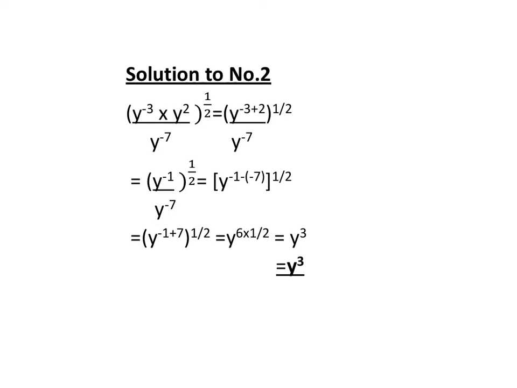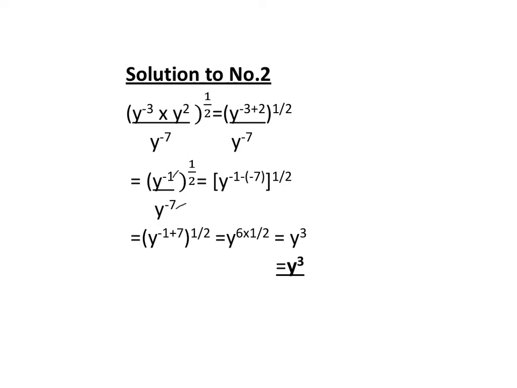So we have y raised to power minus 1, raised to power 1 over 2, all over y raised to power minus 7. Using the law of division, this is equal to y raised to power minus 1 minus minus 7, which is y raised to power minus 1 plus 7.